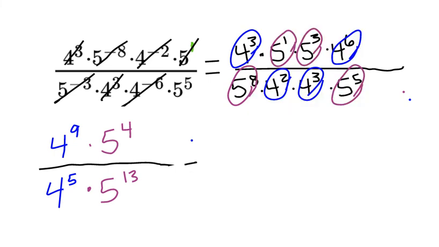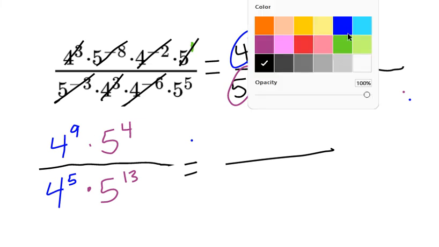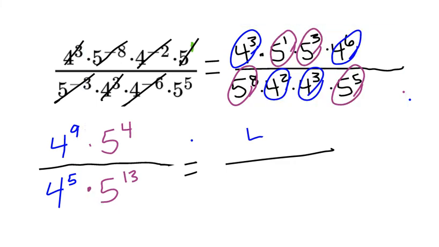However, I need to make sure that I only have positive exponents. We're good to go there, but I can only have each base appearing one time. So when I go to address my 4s, there are more 4s in the numerator because 9 is bigger than 5, so my 4 stays in the numerator and becomes 4 to the power of 9 minus 5, so 4 to the power of 4.